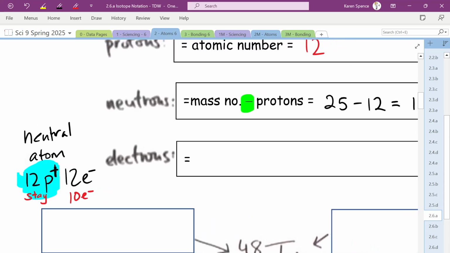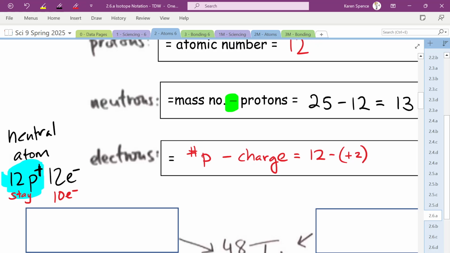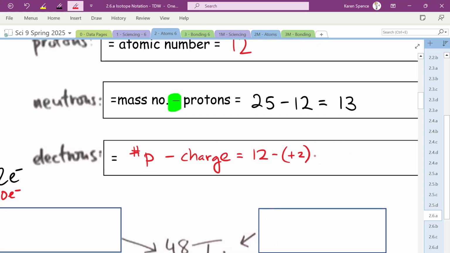So the electrons is going to be the number of protons minus the charge. In this case, that's 12 protons minus +2. So 12 minus 2 is 10.